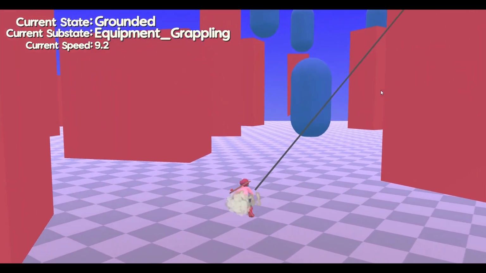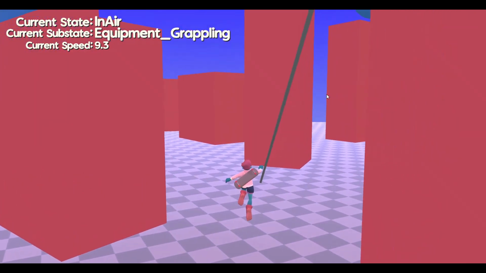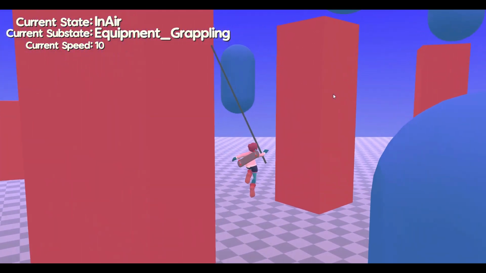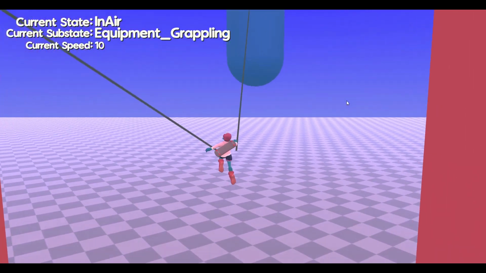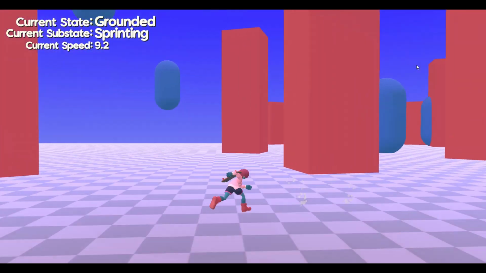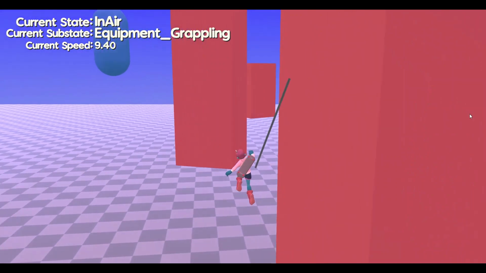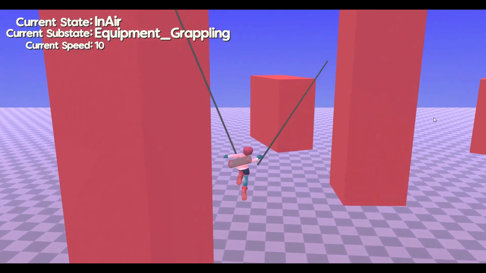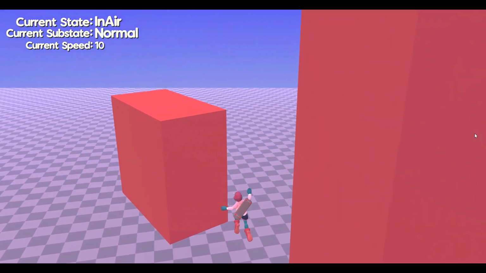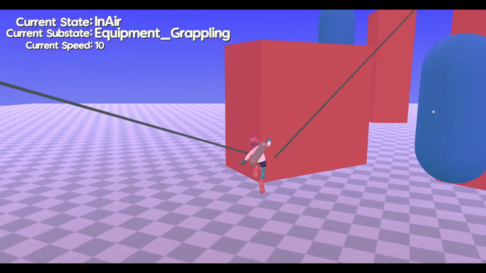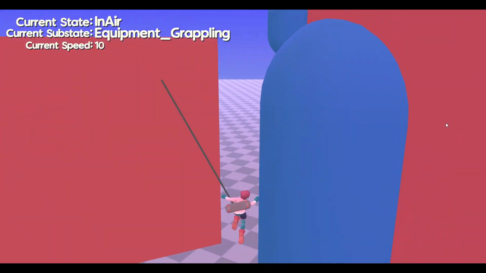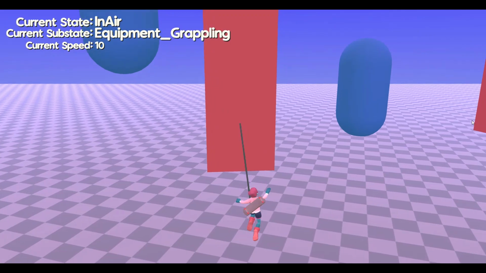We will add the tension of our right rope to our overall tension, and then if our left rope is active, we will add our overall tension plus our right rope's tension divided by 2. This is just so it has a value between 0 and 1 still, and if not, we will just add our overall tension of our right rope to our overall tension and not divide by 2.